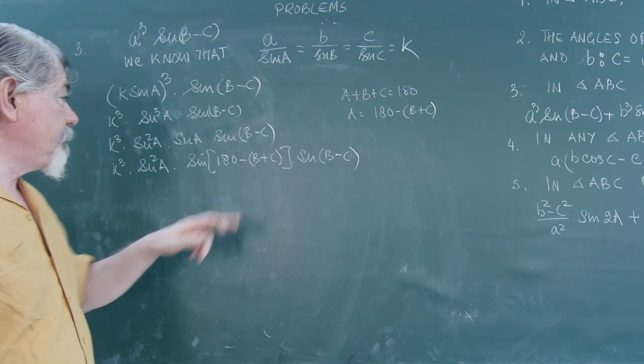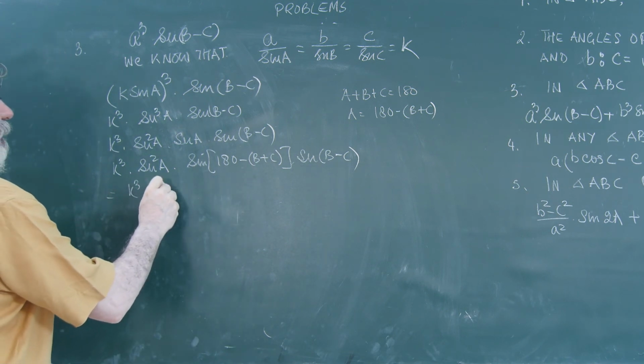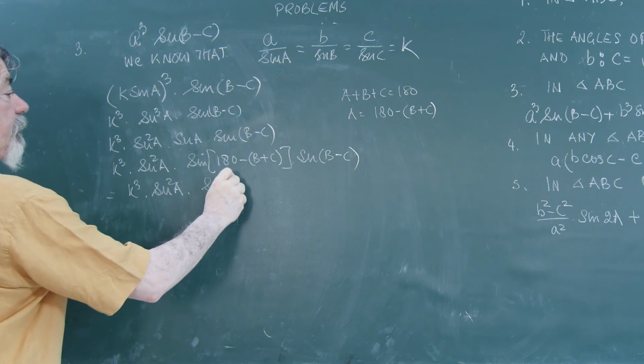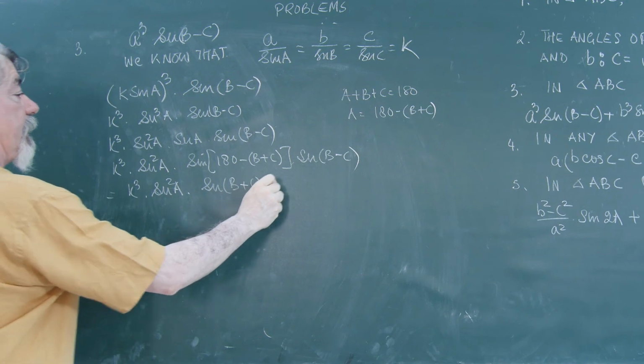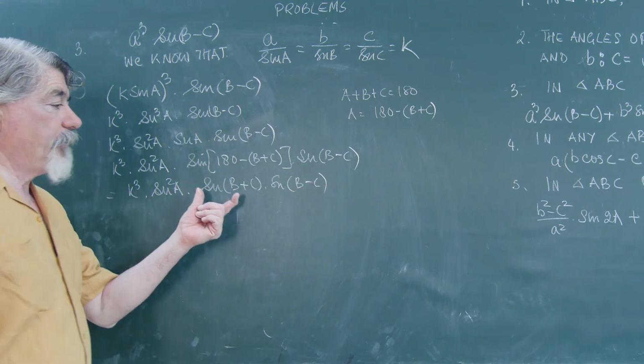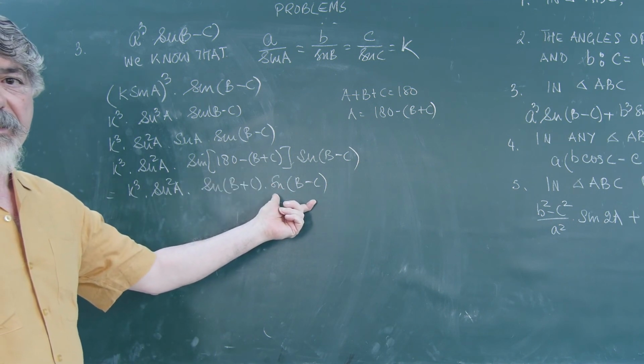It will be sine B plus C. It will become K cube sine square A, here sine B plus C, and sine B minus C. Sine A plus B, sine A minus B becomes sine square A minus sine square B.